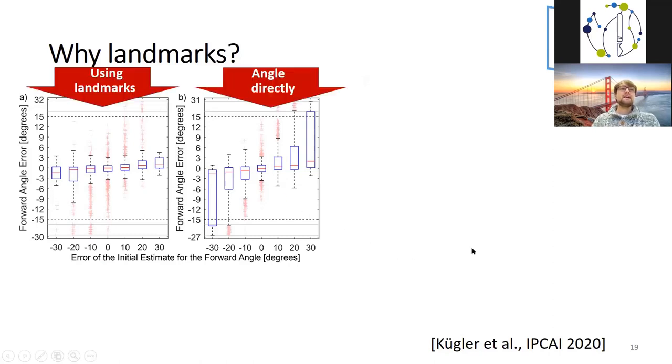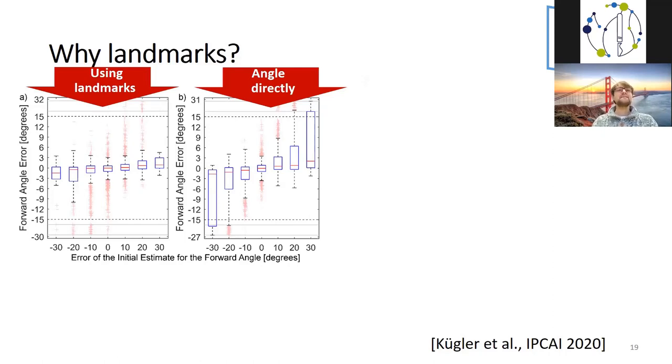So in these graphs on the left, we have an analysis of the forward angle using landmarks. And on the right, we have one that is using the prediction of the angle directly. On the left, we have just these 6 landmarks that are individually predicted. And on the right, we have a central landmark and then the angle predicted directly.